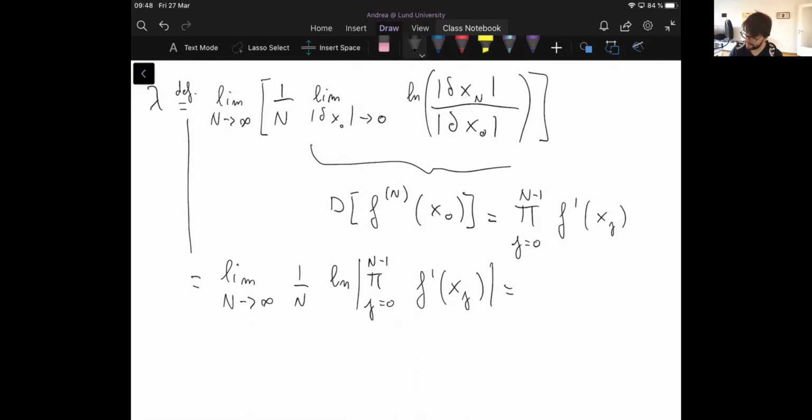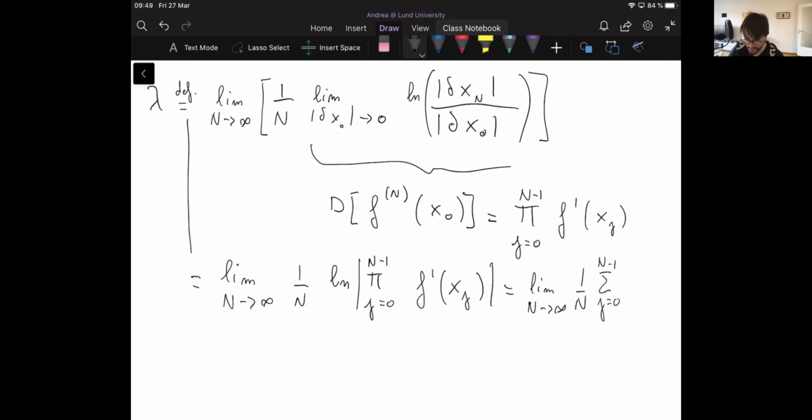And then this is the limit for n that goes to infinity, 1 over n. And then I can substitute the logarithm of the product with the sum of the logarithms, finally obtaining what I meant to do in a single step.